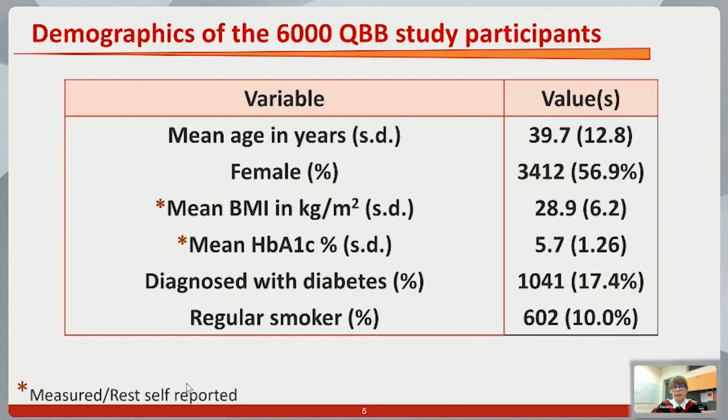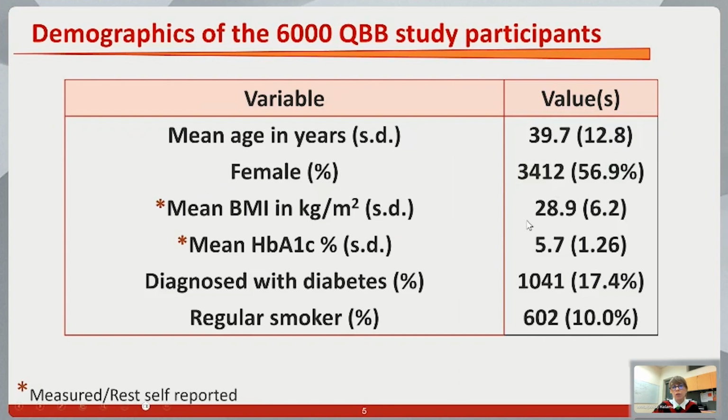The BMI and HbA1c levels were measured, and everything else was from the questionnaire or the documents provided by the participants. What you can spot here is that our population is pretty young, because the mean age is 39.